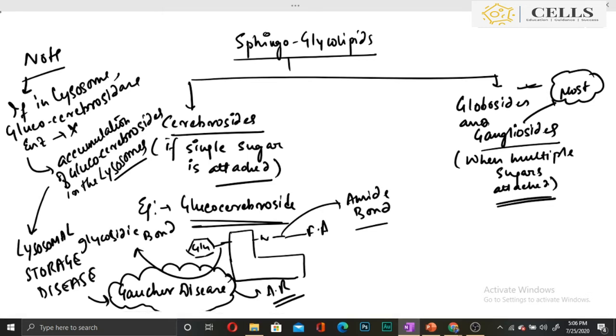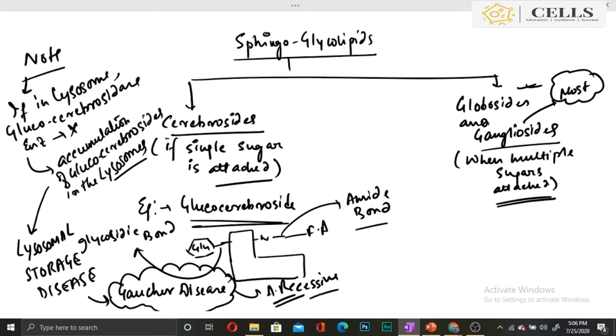There will be no enzyme to degrade these glucocerebrosides, so there will be more and more accumulation of the glucocerebrosides in the lysosomes, and as a result a lysosomal storage disease called Gaucher disease will occur. This is an example of an autosomal recessive disease that will be dealt with in the genetics lecture. Now let's come to gangliosides. Did you understand?